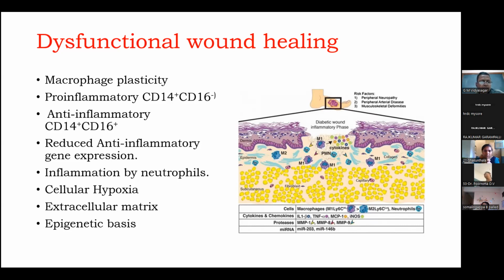The last one is the epigenetic basis, which is very important in the healing process. Epigenetic means DNA methylation and histone modification occurring in the genes, and this methylation process is completely based on the conditions available during that particular period.